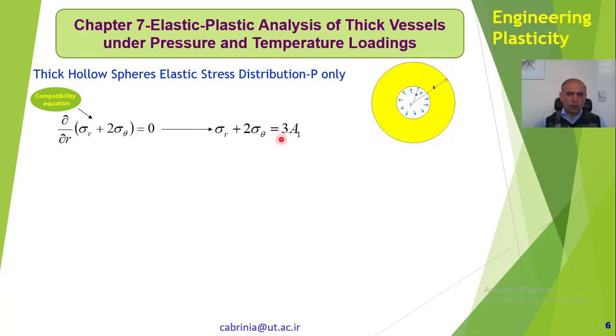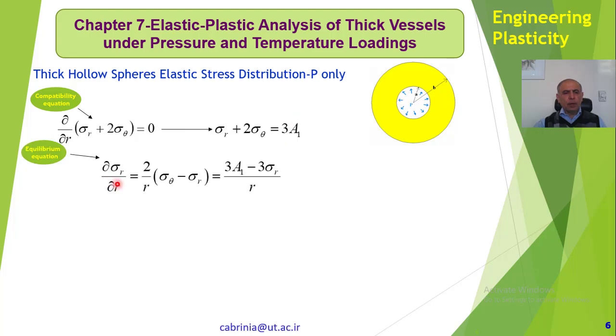So partial sigma r over partial r is 2 over r times (sigma theta minus sigma r), and because we have this sigma r in here, it's (3a1 minus 3 sigma r) divided by r, because I have substituted for sigma theta in here from there.